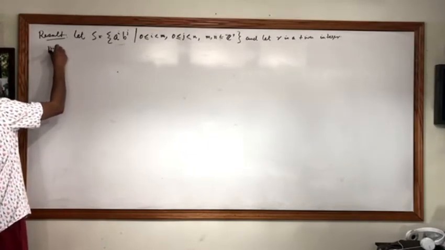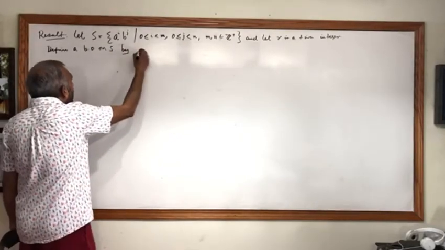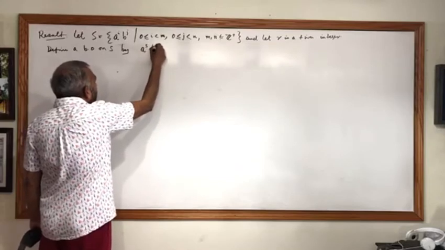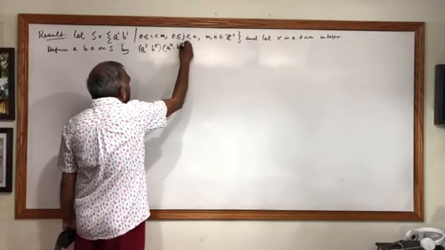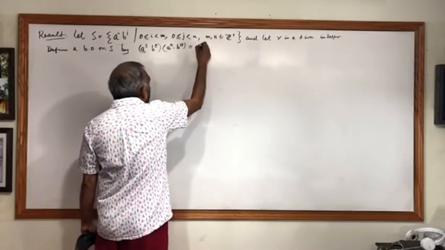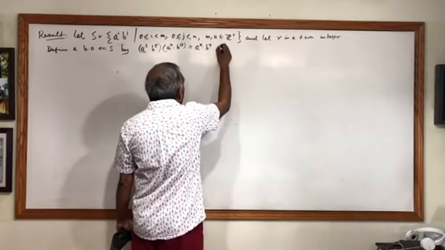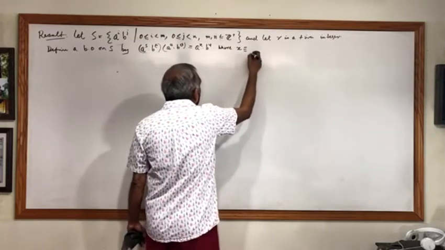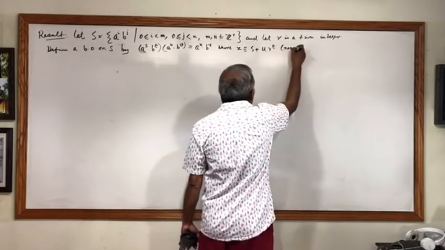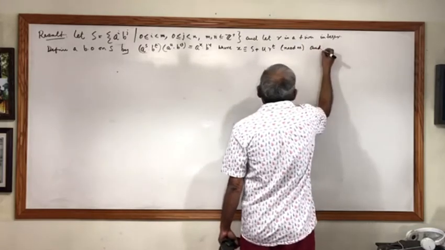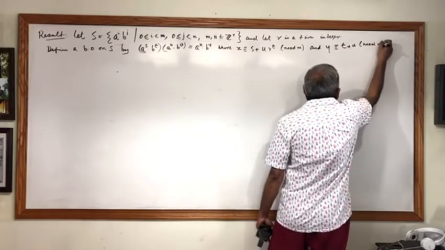So define a binary operation on S by a to the power of s times b to the power of t, times a to the power of u times b to the power of v, is equal to a to the power of x times b to the power of y, which is the same form, where we define x and y: x is congruent to s plus u r to the power of t mod m, and y is congruent to t plus v mod n.